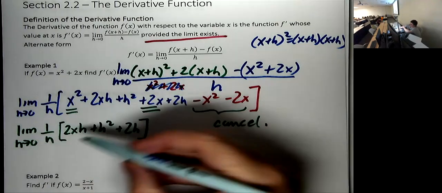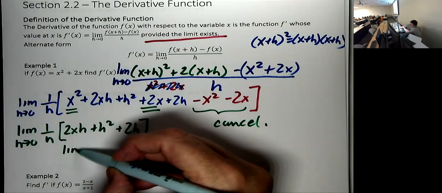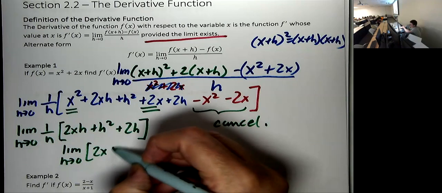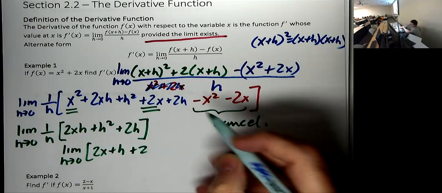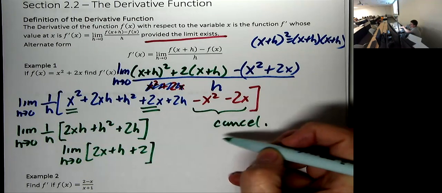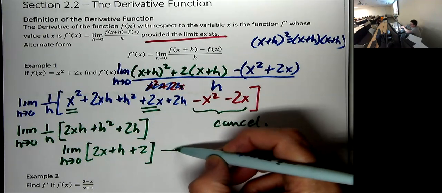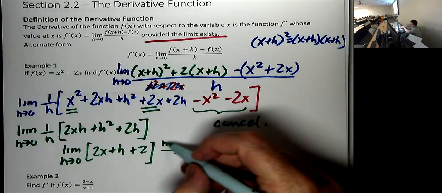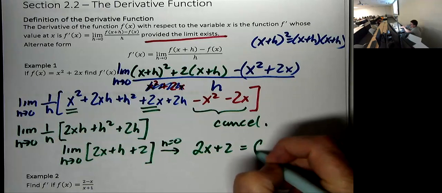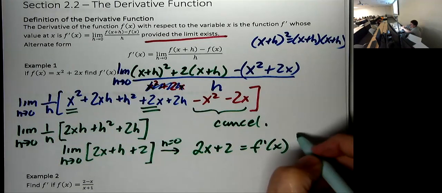And when we distribute that h, or 1 over h, we have a limit as h goes to 0 of 2x plus h plus 2. And now we can stick in h equaling 0, no problem. And I get 2x plus 2 is f prime of x.